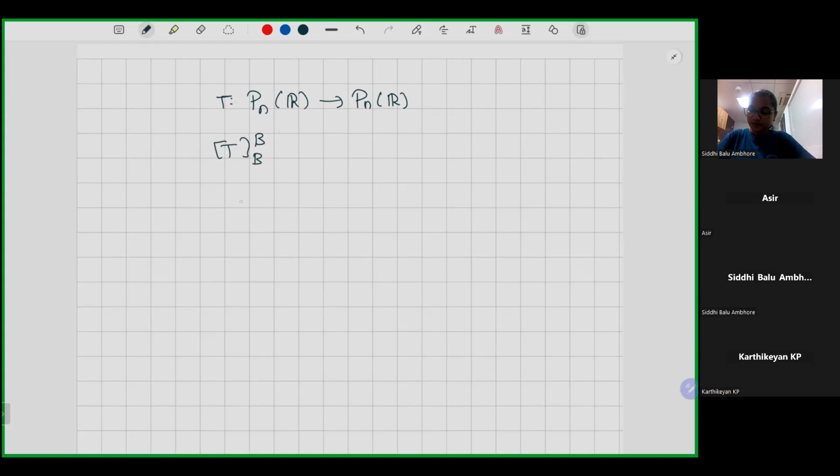Then T star by definition will again be [T star] from beta to beta, which will be [T] beta to beta, dagger. But this is for the finite dimensional case.